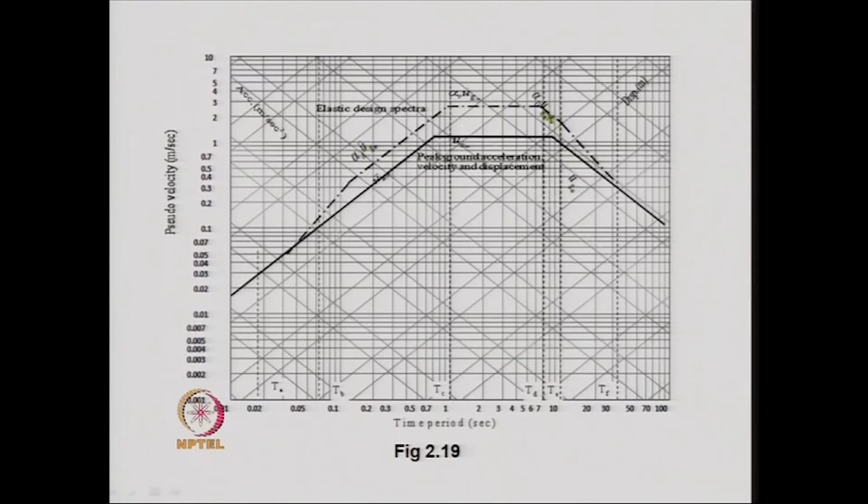Similarly, this line is parallel to this line, and this is equal to alpha D times the maximum ground displacement, and this line is parallel to this line, and this value is equal to alpha V times the maximum ground velocity. Once we have these lines plotted, one can join them to get the idealized response spectrum described with the help of a series of straight lines.